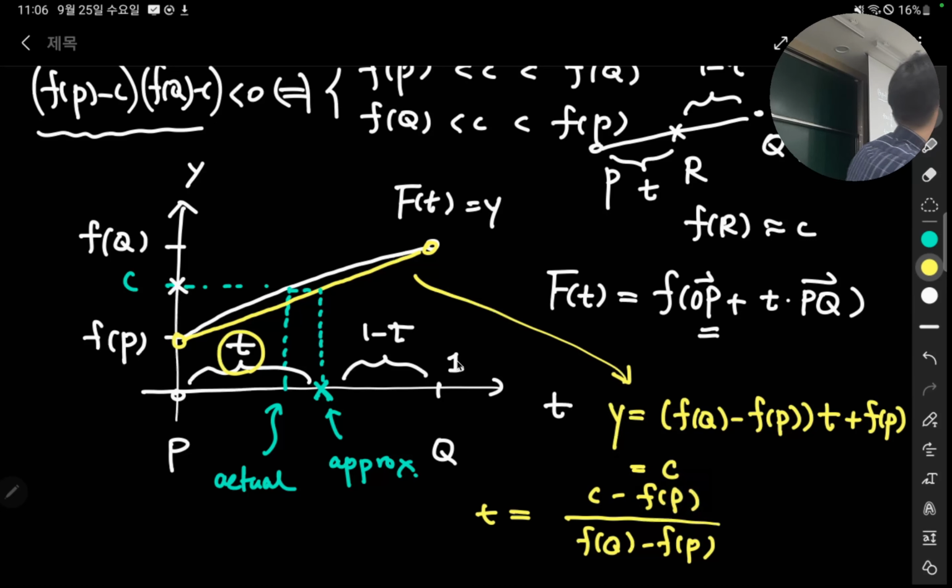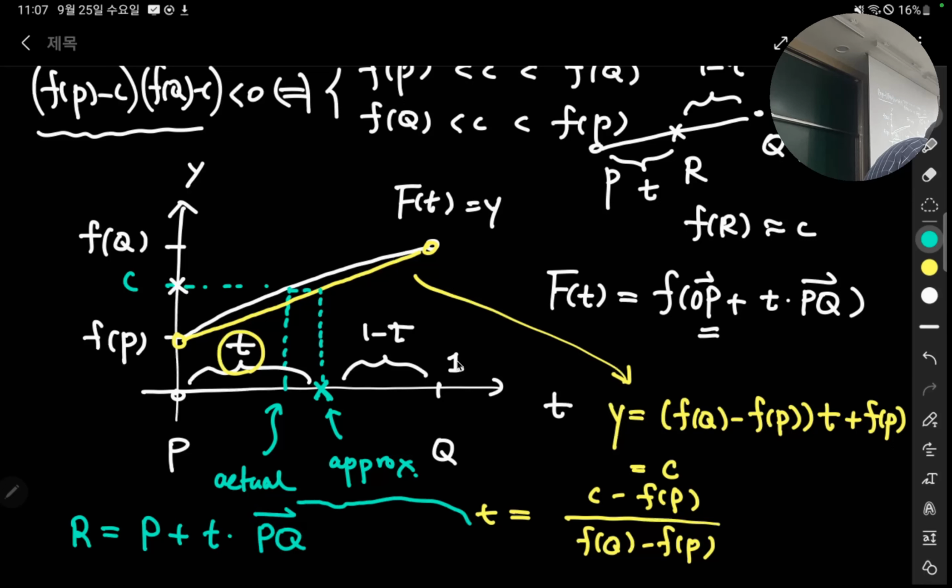That's where I should move my point P in order to get to R. So R is now P plus this t times PQ. So you can plug in this t right here. That's what I'm going to do.